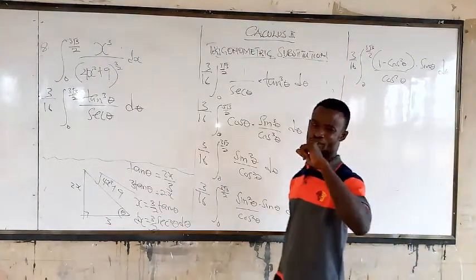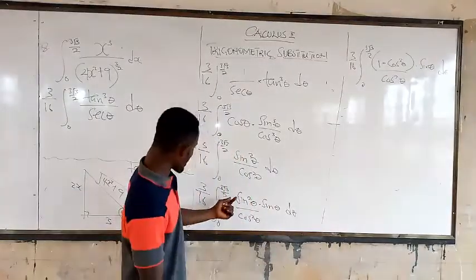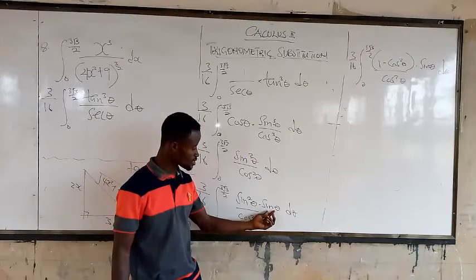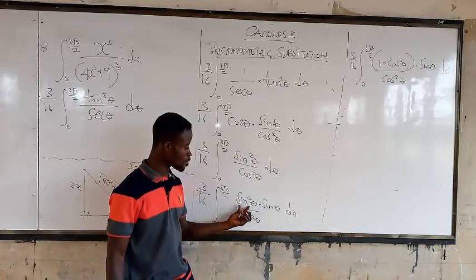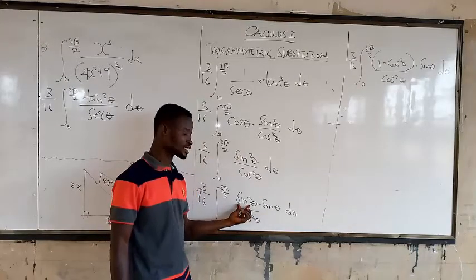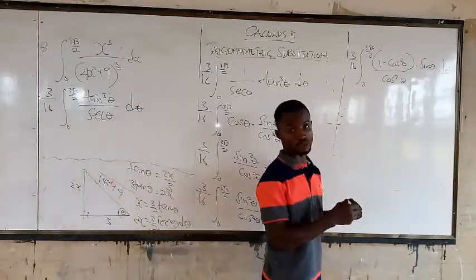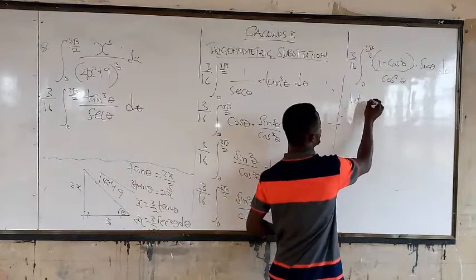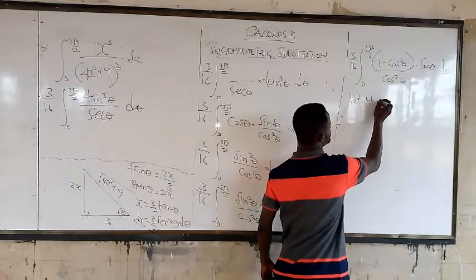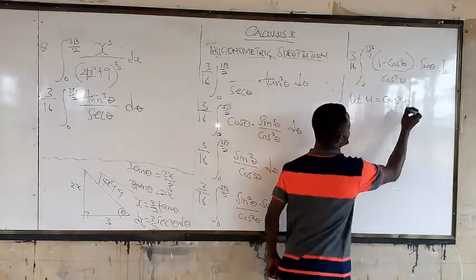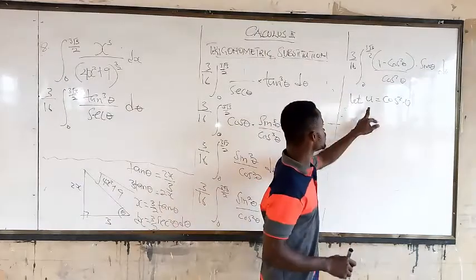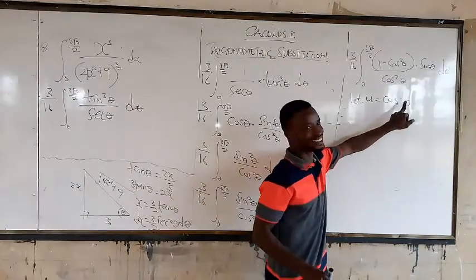So that is that. Do you know why we are doing all these things? The reason why we are pushing one of the sines here to get a Pythagorean identity, that is a trig identity, to do substitution, is that by doing substitution you can let u be equal to cos theta.